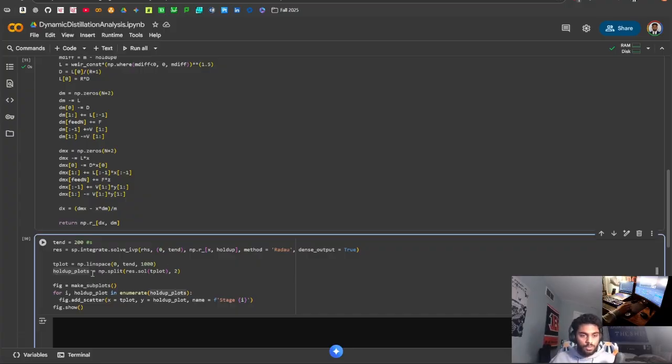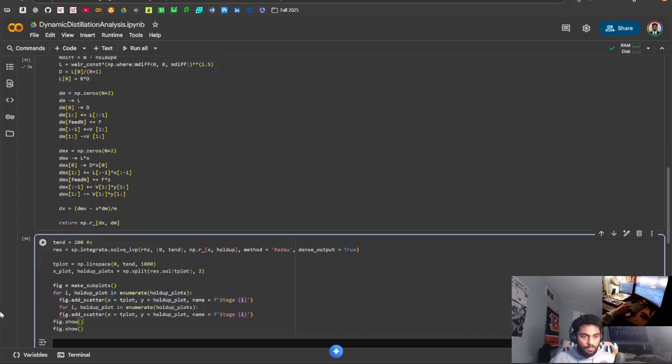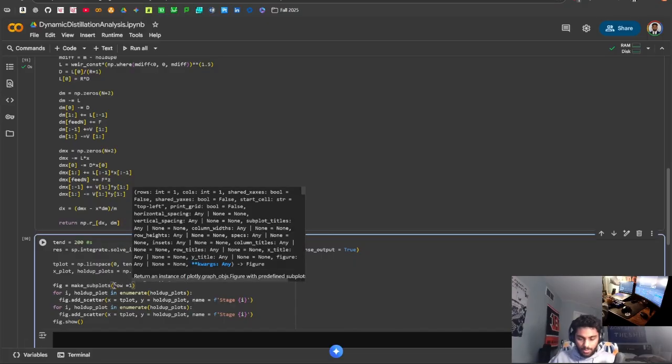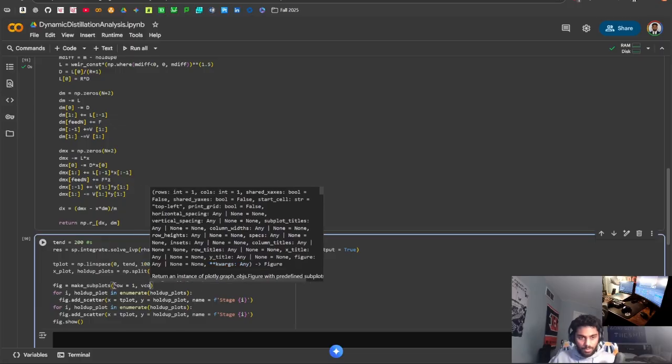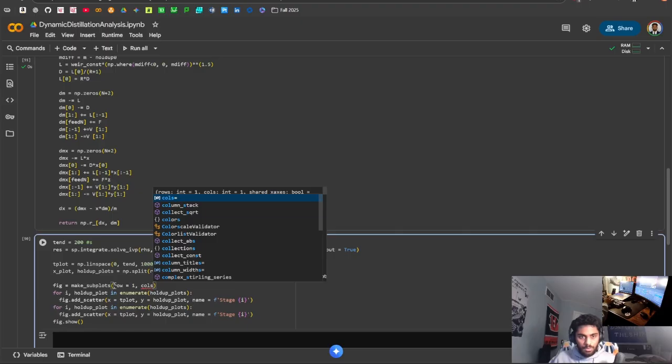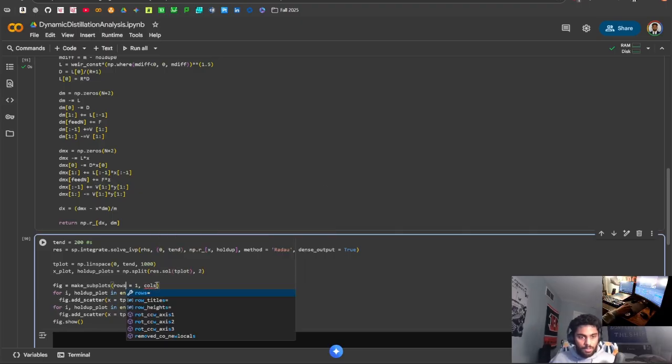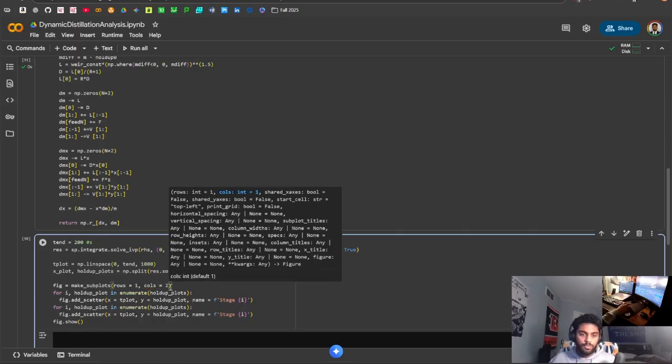So we're going to have a holdup plot, and we're going to have an X plot. And I believe we can just copy this and change it for our X. And I'll go rows equals 1 and cols equals 2. So we can have these side by side.